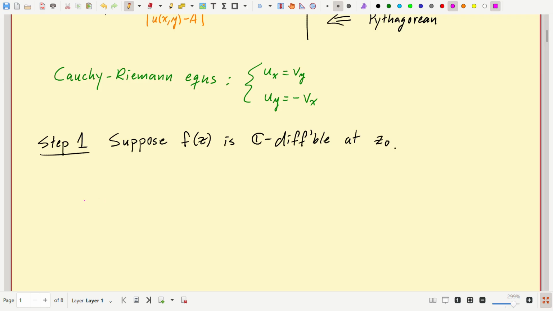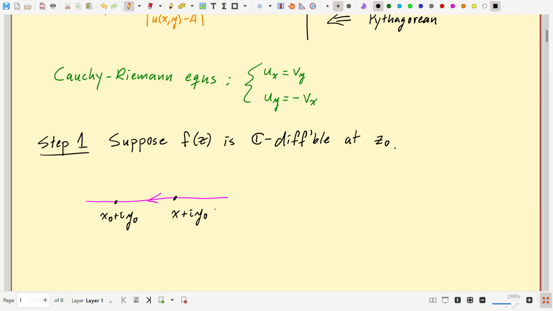One way is to slide in from the horizontal. So let's suppose this is x naught plus i y naught here. If I slide in from the horizontal, this point here would also have the i y naught coordinate, but this would be x plus i y naught.